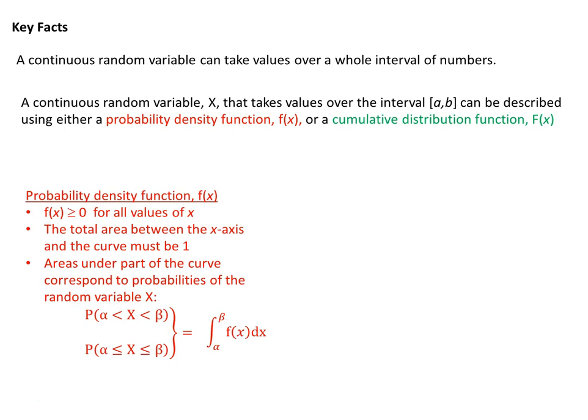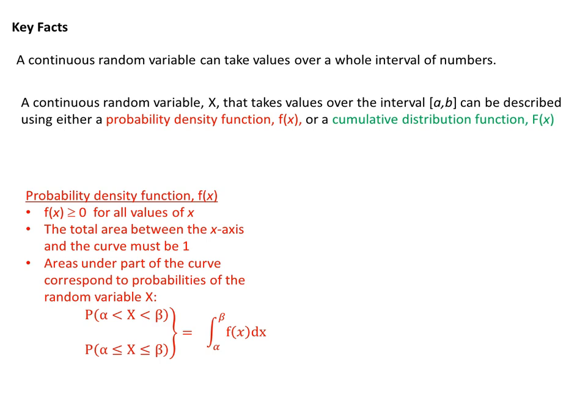So for a probability density function, little f of x, the function must be greater than or equal to 0 for all values of x. The total area between the x-axis and the curve must be equal to 1. And areas under part of the curve correspond to probabilities of the random variable x.